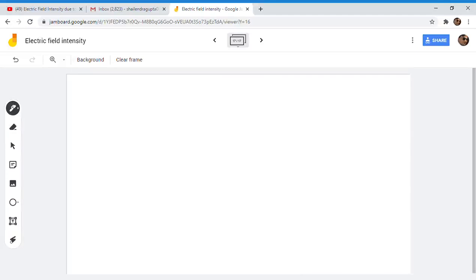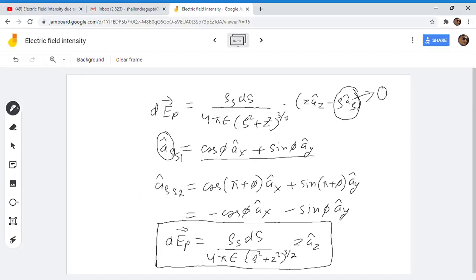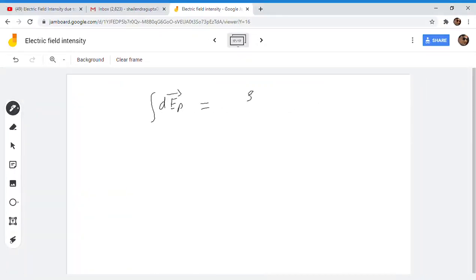Okay, so from here now we can integrate this dEP. This part can also be integrated. So this is rho s. So we can take rho s ds upon 4 pi epsilon rho square plus z square to the power 3 by 2.